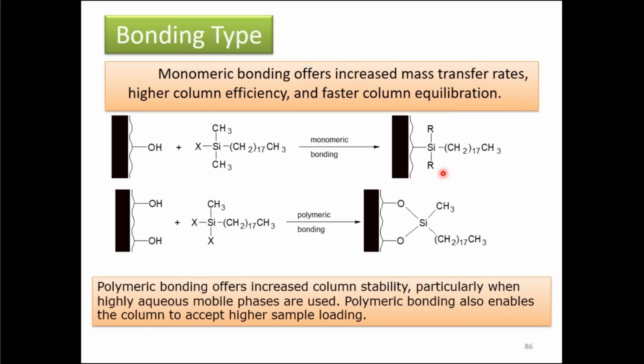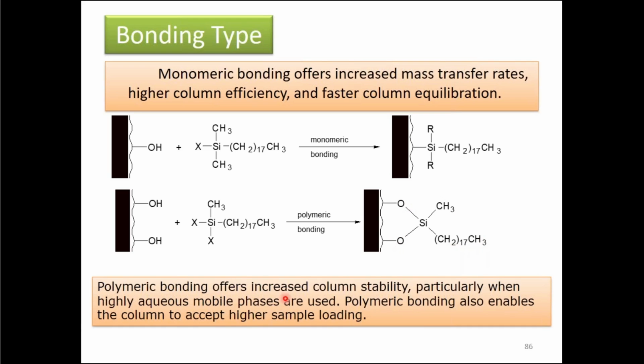And you have only one molecule of the bonding site, and so one molecule of your solute may bond to it. Now, if you have polymeric bonding, that means more sites are available, so it takes longer for the solute to get bonded because more solutes can bond at a given part of the stationary phase.